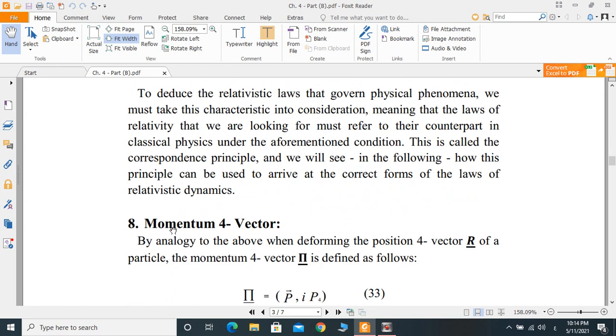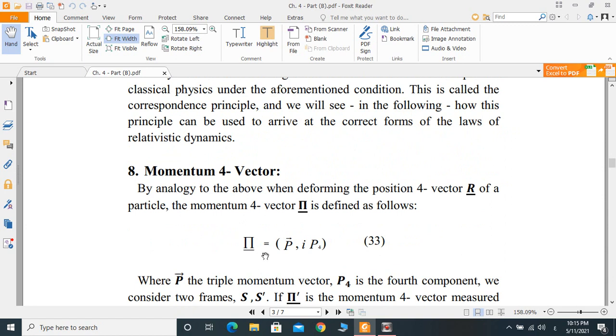Section 8: Momentum four-vector. The momentum four-vector pi is defined as pi equals (p, ip4), where p is the triple momentum vector and p4 is the fourth component of pi.